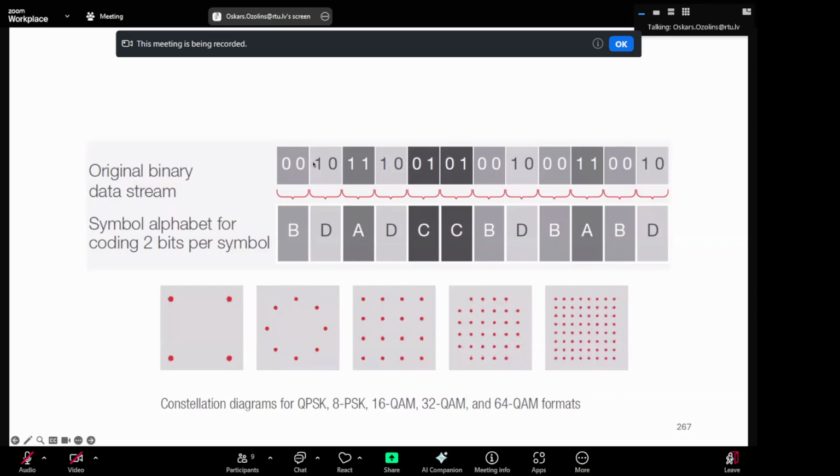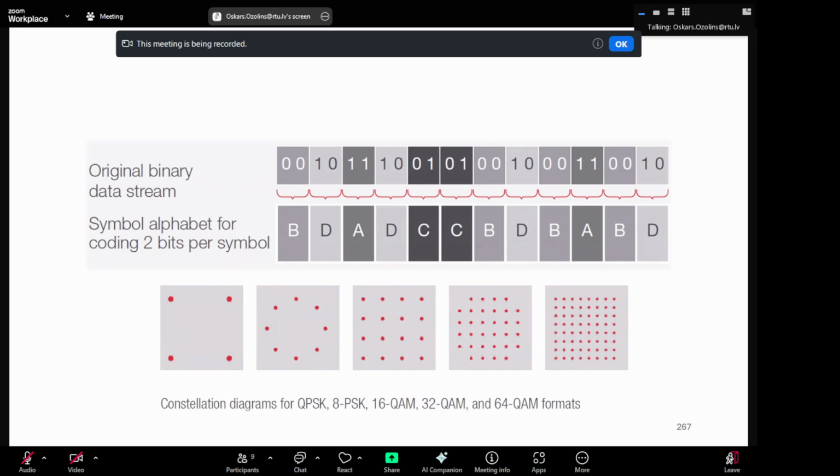So as we know, complex modulation formats like QPSK, 8PSK, 16 QAM, and higher orders allow us to transmit more data with the same speed. So it's the same symbol rate, and thanks to that we can assign, like in this example, 2 bits per symbol, and that's the case of QPSK. Then we have different types of symbols. Sometimes they are called alphabets.